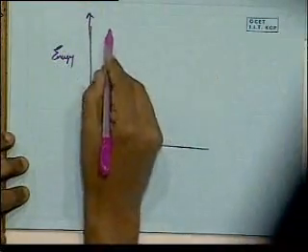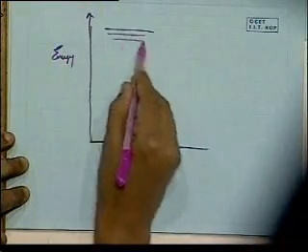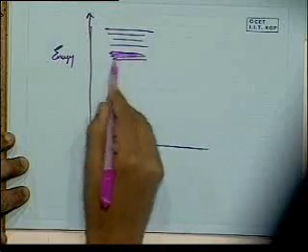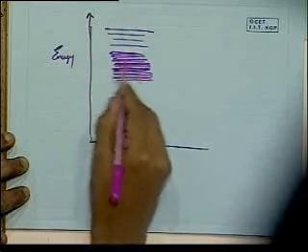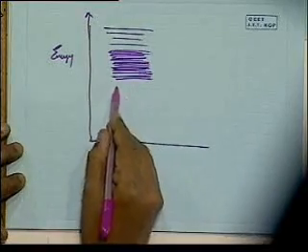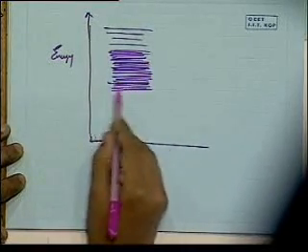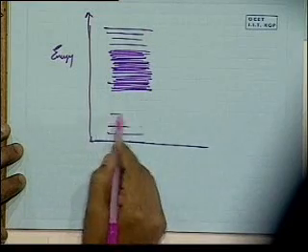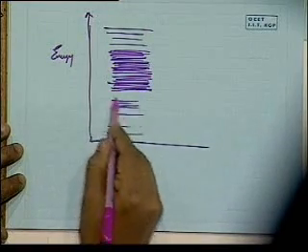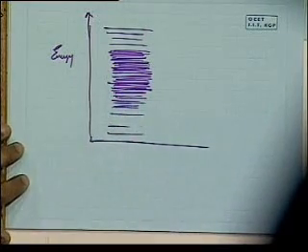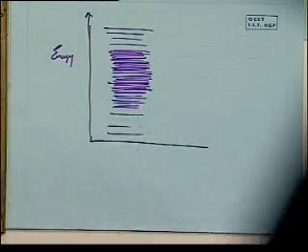And so what we end up with is some kind of a band that looks like this. There's going to be a densely packed area here and fewer as we move away, because the wider spaced ones out there are contributed mostly by the nearest neighbor atoms.